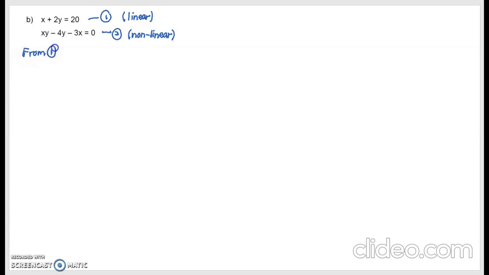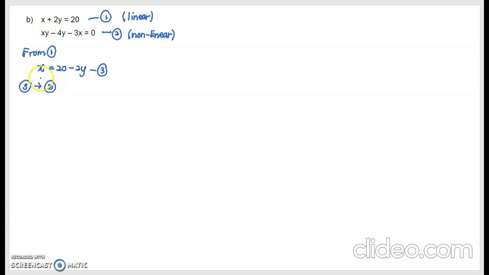In this question, it's better that we let x be our subject, because the coefficient of x is 1. So x will be equals to 20 minus 2y. So here is equation 3. Substitute equation 3 into equation 2.